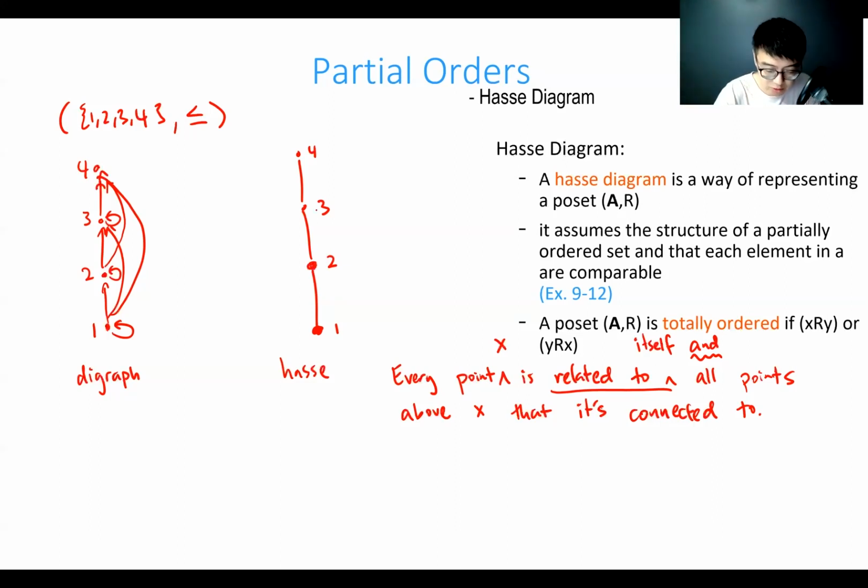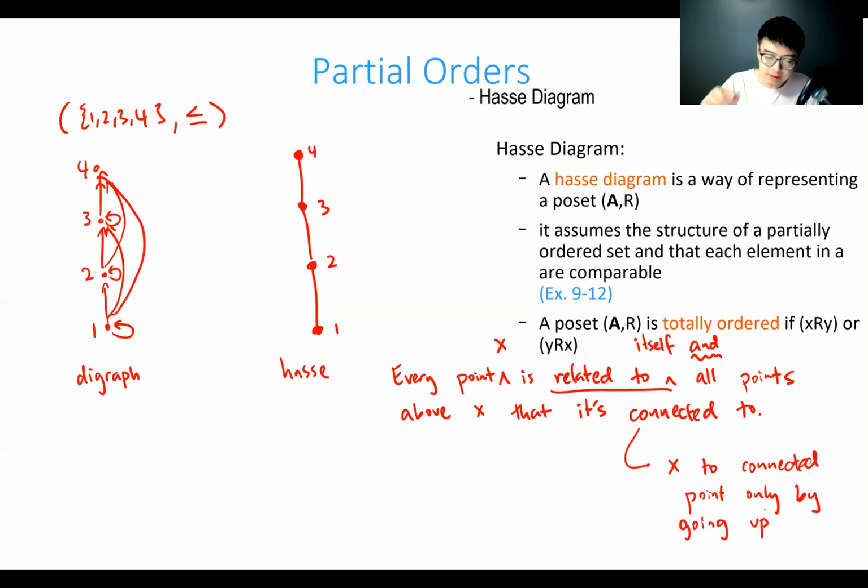So it's related to 2, 3, and 4. Now let me go a little further and define what connected means. Connected means I can get from the point x to the connected point only by going up.